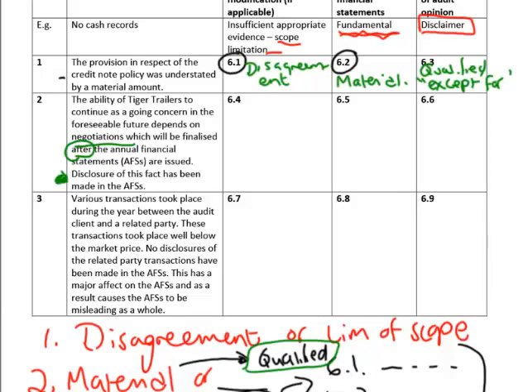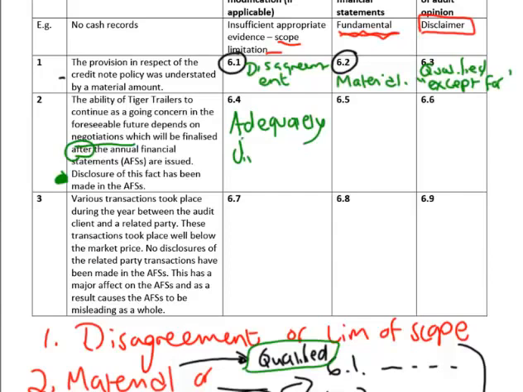The material uncertainty will only come out in the future. We don't know now whether they're going to be a going concern or not, but right now it has been disclosed. Management has performed the appropriate thing, so it has been adequately disclosed.